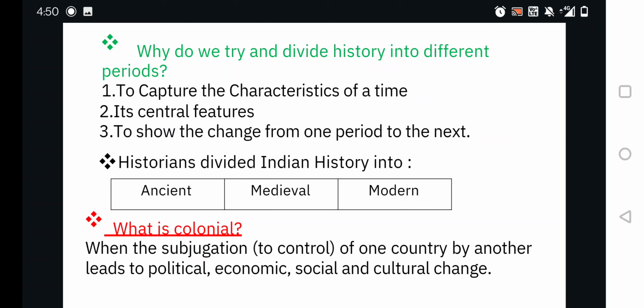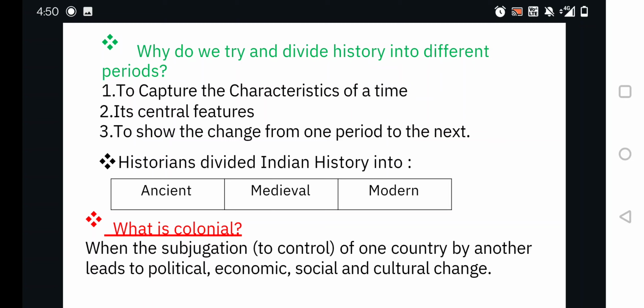And the British Empire was known as an imperial power, royal power. So they controlled our country, and they started influencing or taking decisions on our behalf in different aspects. Like in the political sense, they started administrating our country, we'll learn in the further chapters. Then they started making changes in our economic policies, the trade.